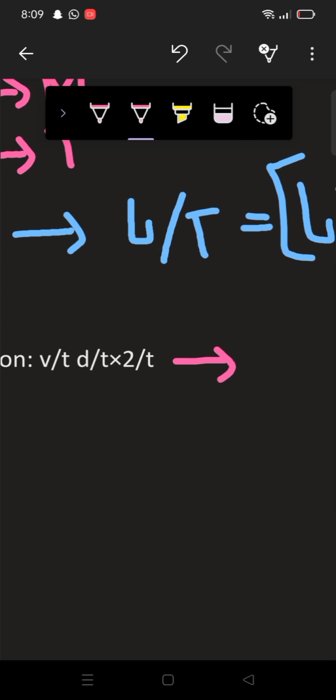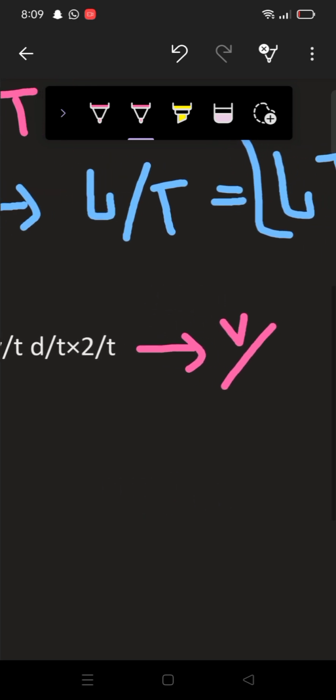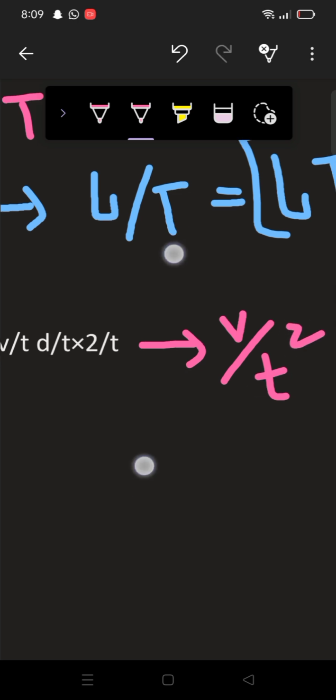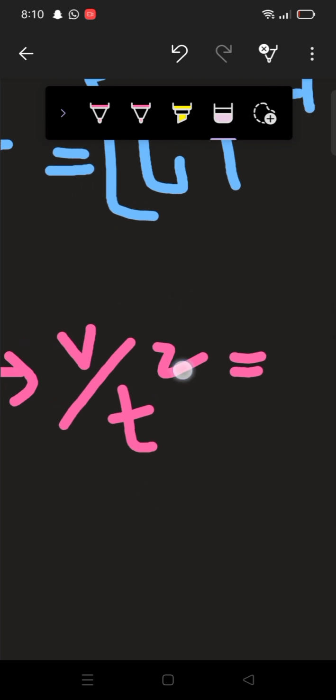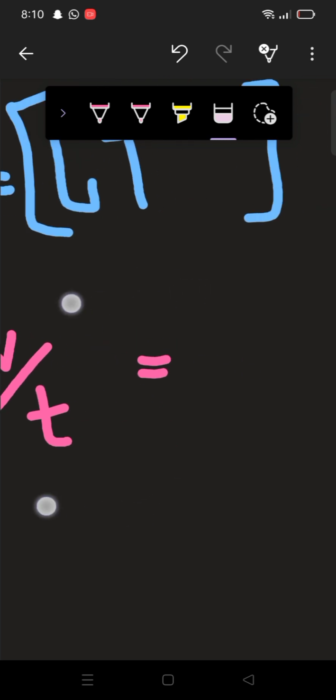So it would be velocity over t, and t into t is t square, which means time square. It is fine. Let's write the dimensional formula.